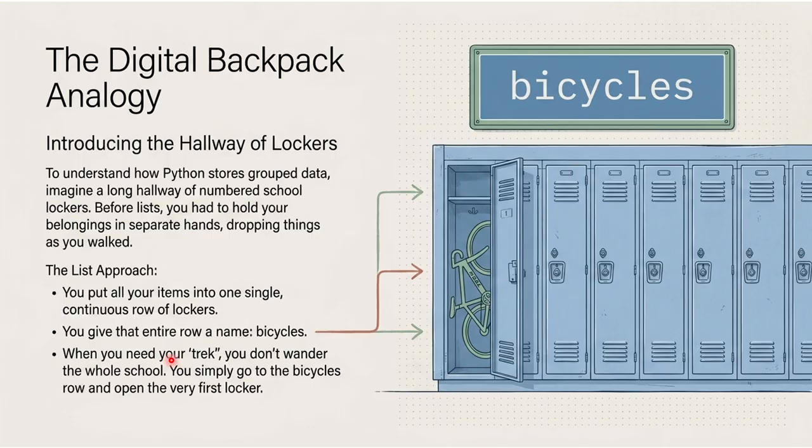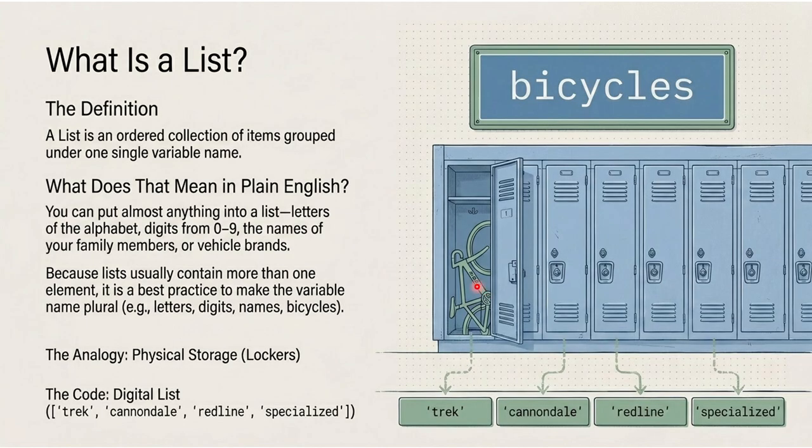Whenever you need anything, you will simply go to these bicycles lockers, see the locker in which your item is stored, and directly open it. So it becomes very easy to find your item and very easy to manage. Now let's move on to the next slide.